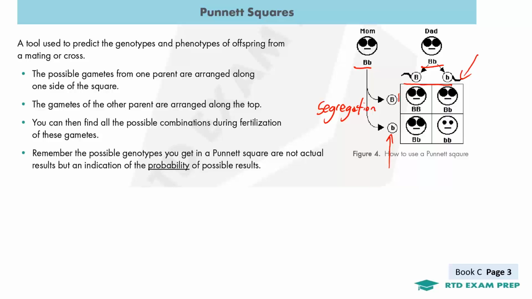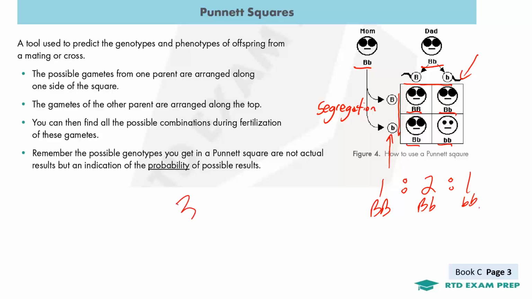So our dad was able to give big B, little b. Our mom was giving us big B, little b. And I see 1 big B, 2 that are heterozygous, and 1 that is homozygous recessive. So my genotypic ratio was 1 to 2 to 1. Big B, big B, big B, little b, little b, little b.